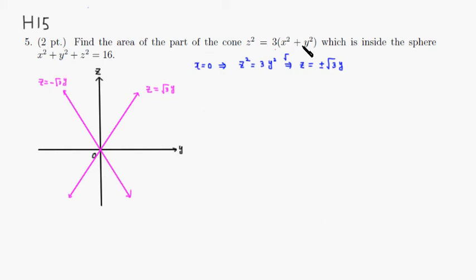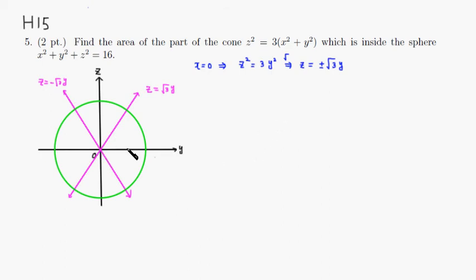Then the sphere is going to be a circle with radius 4. So I'll just try to draw that. I'm going to make it as big as I can. Something like that. So that's the sphere.